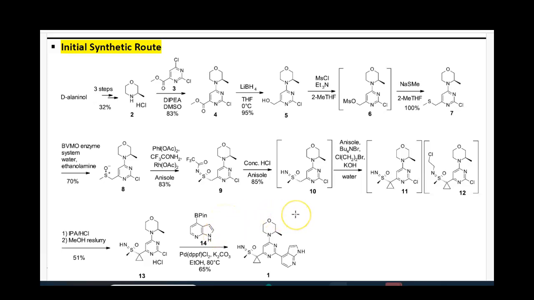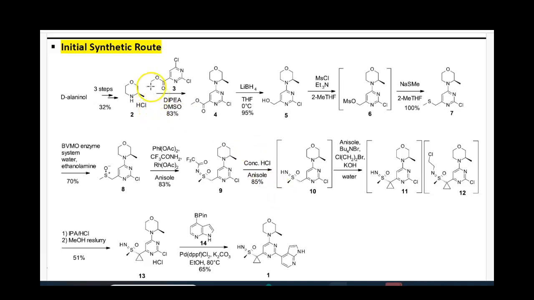Now the overall process includes some key challenges in terms of economical advantage.